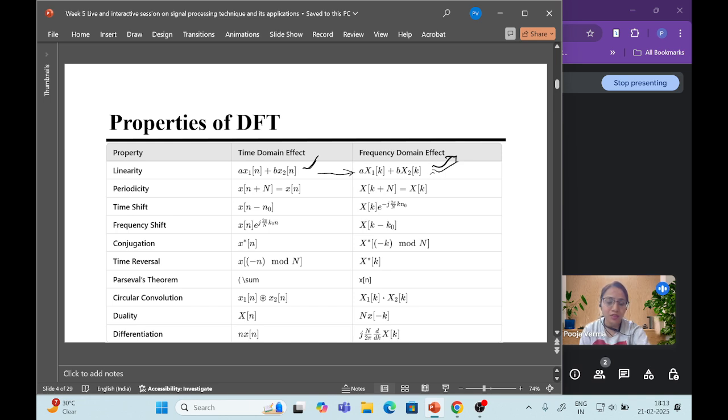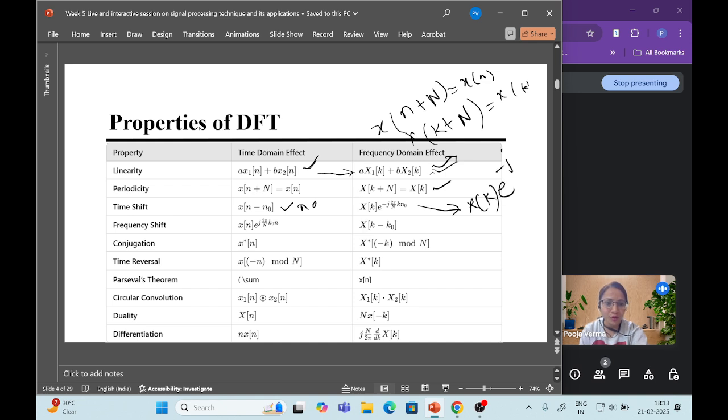Similarly, for periodicity, if the signal is shifted by N points in the time domain, then in the frequency domain it must be shifted by the same phase shift. For time shift, if there is a shift in the time domain by a constant n naught, then there is a corresponding shift in the frequency domain. That is, if X of k is the DFT of x of n, then the shifted signal has DFT e to the power minus j 2 pi by N k n naught times X of k, where n naught is the shift.